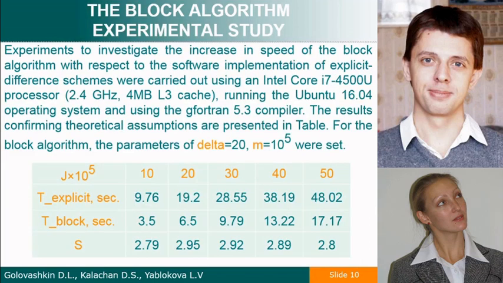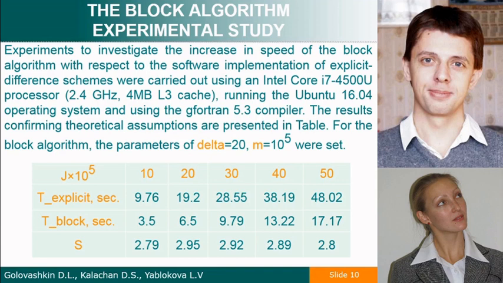Experiments to investigate the increase in speed of the block algorithms were carried out on the following hardware, software, and system basis. The results are presented in the table. The acceleration decreased 3 times while remaining quite significant.